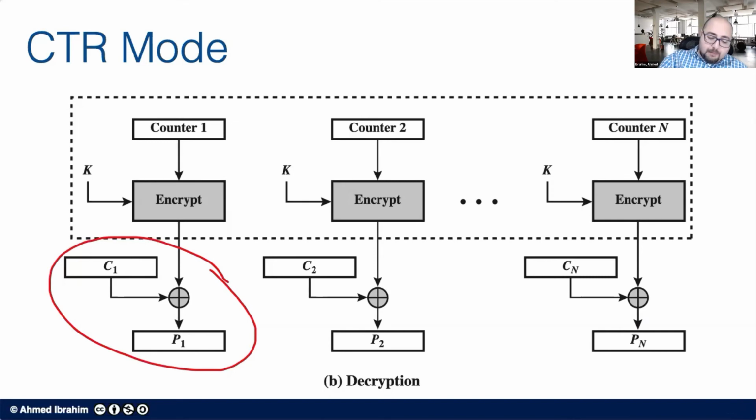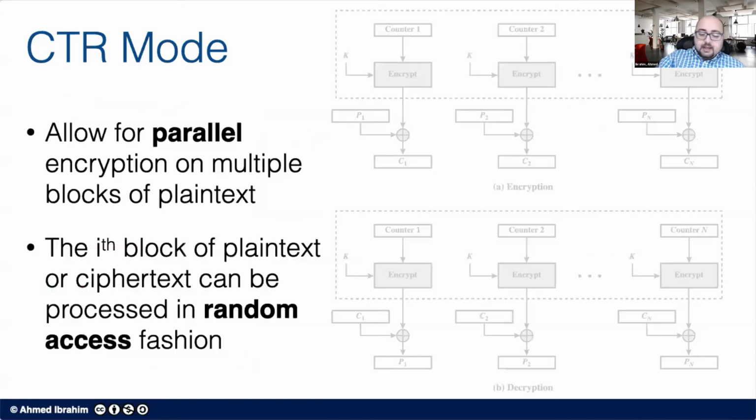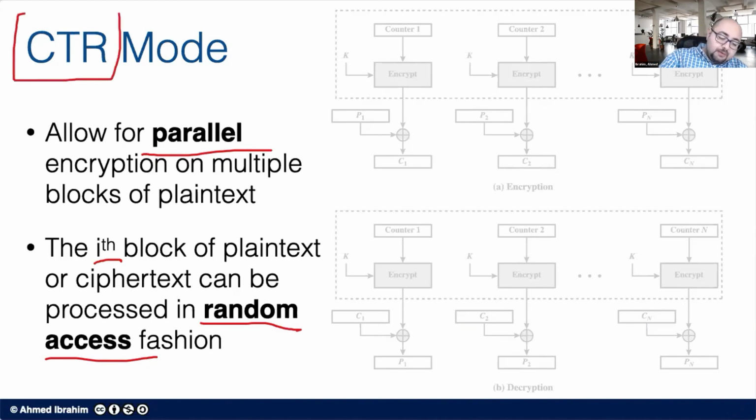The hard encryption really happens here on the counters. That way you have a more efficient encryption and decryption process. It allows for parallel encryption of multiple blocks, and the ith block of the plain text or the ciphertext can be accessed randomly. It doesn't have to happen in order or sequentially. And that's called the counter mode.